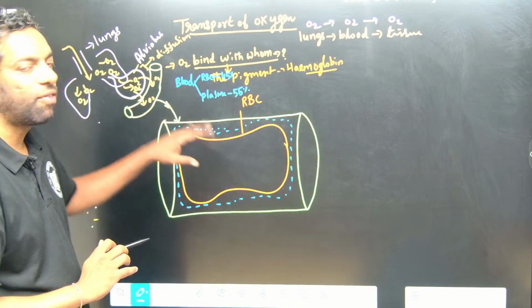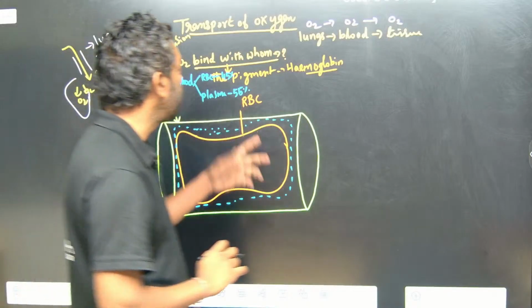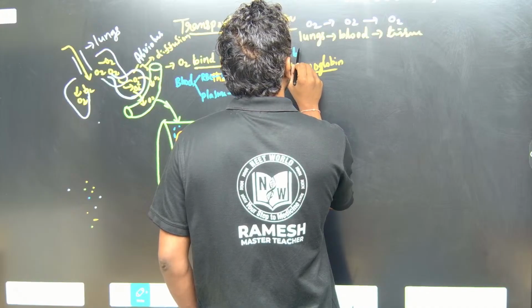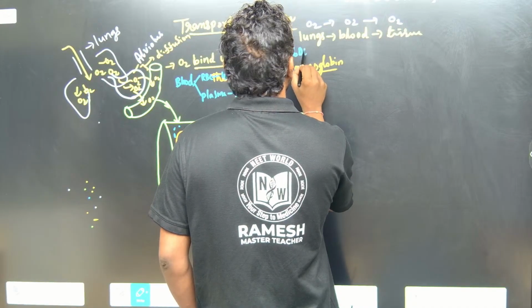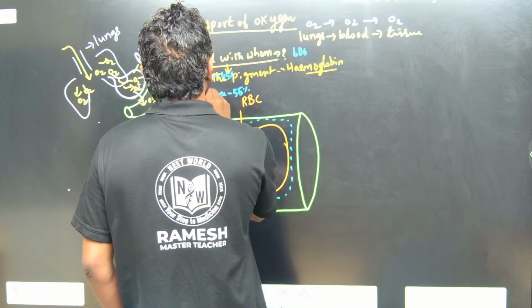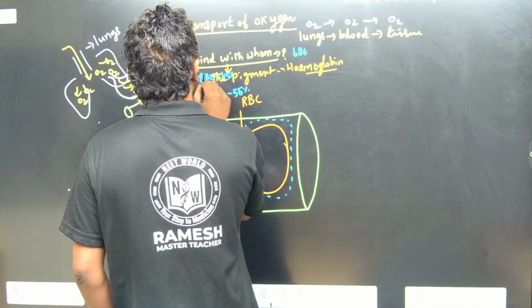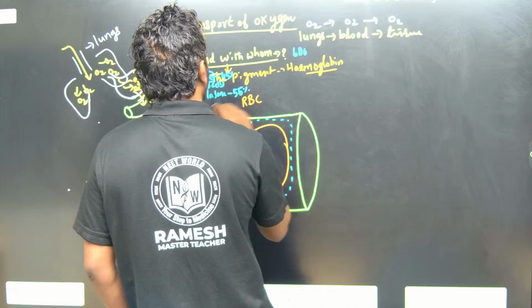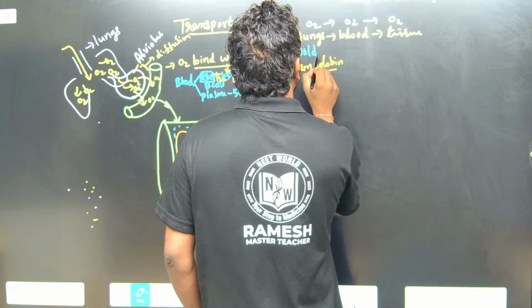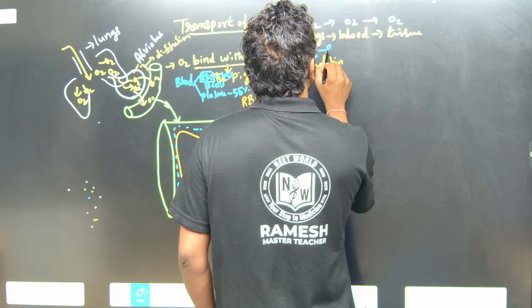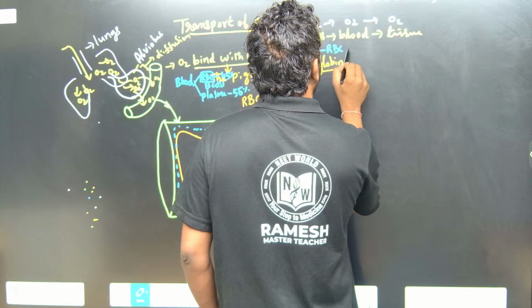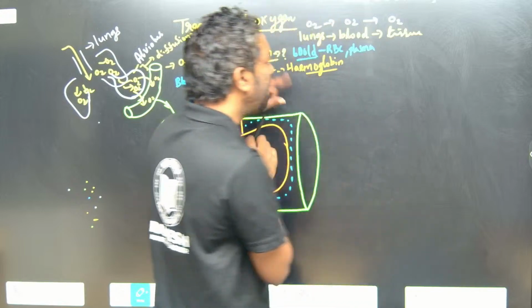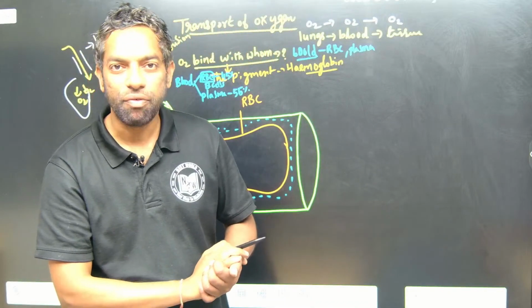Oxygen is carried forward through these mediums: blood cells and plasma. Through these mediums the oxygen will be carried.